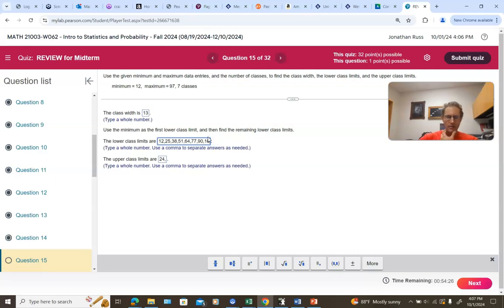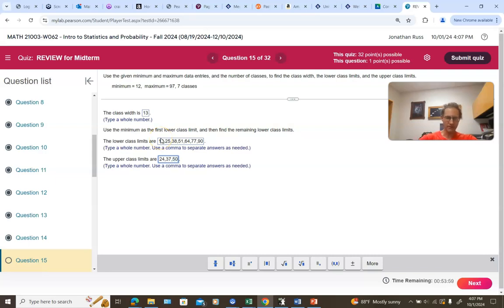Yeah, I actually put 8 in there for the lower class limits. Yeah, actually what you're doing here now is, so the next upper class limit would be 38 minus 1, which is 37. Or another way to approach this is once you have that first upper class limit, just start adding 13 to it.